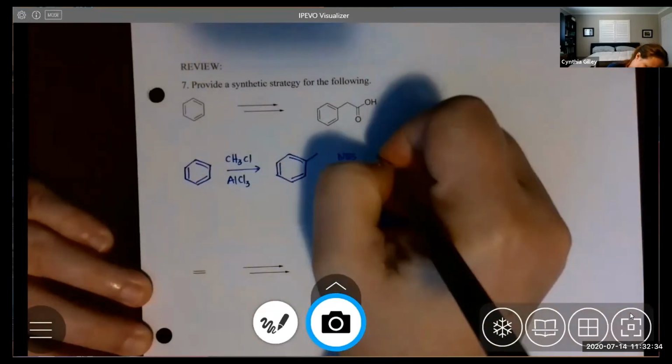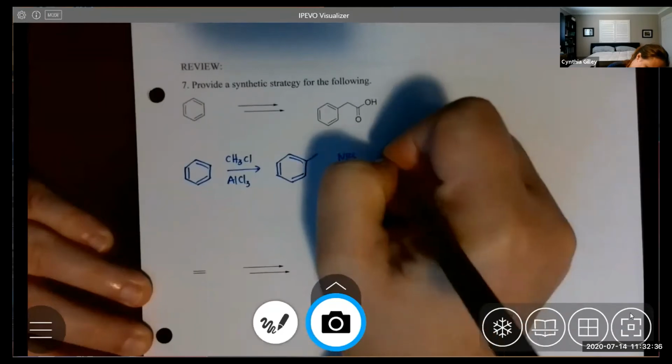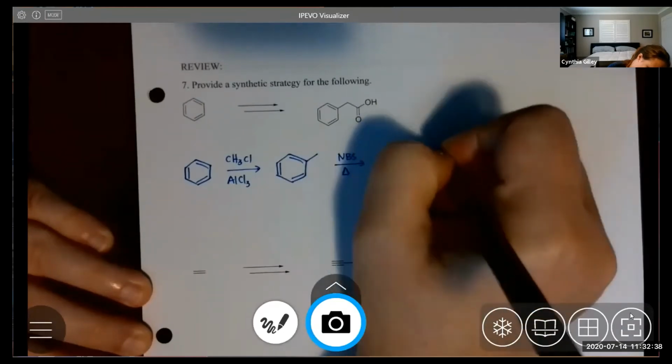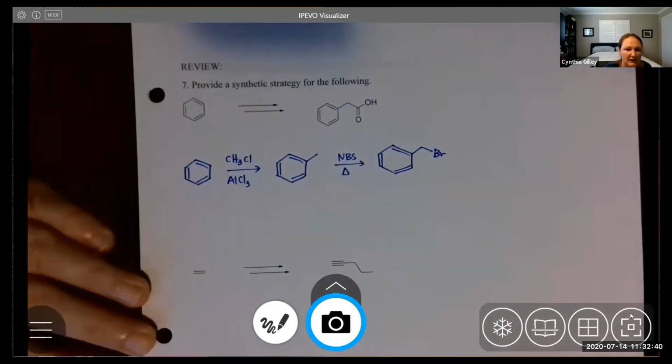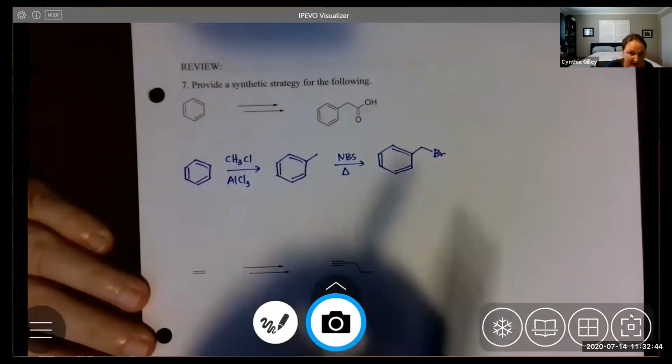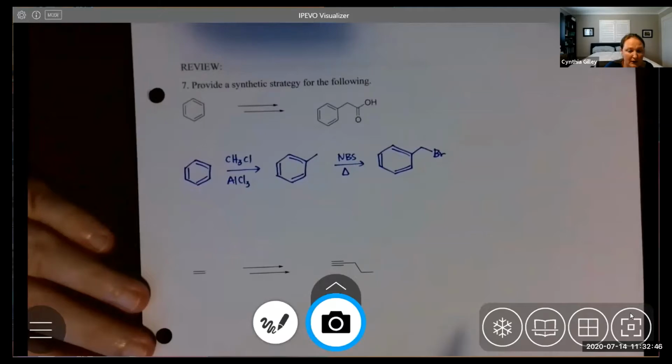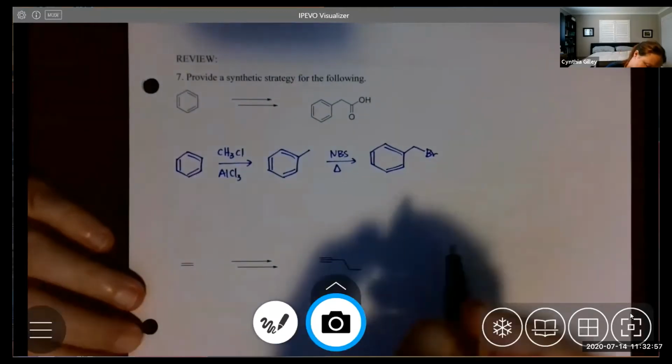So that will introduce a bromine on the benzylic carbon. Now we're at benzyl bromide, as it's called. And now we can convert this to a carboxylic acid through either forming a Grignard and reacting it with CO2, potentially, or you could use sodium cyanide and an acidic hydrolysis.